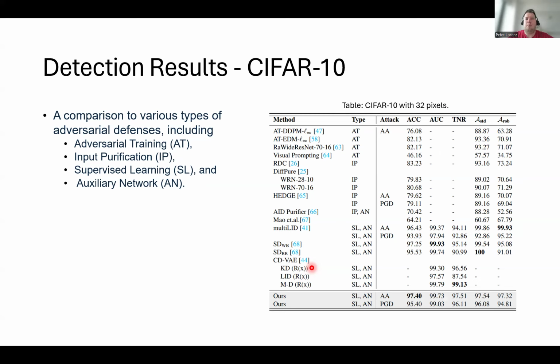Supervised learning methods are usually a proof of concept to grasp the attack pattern, and we can also show that our method, which is supervised, has an accuracy of 95% and higher. But it's just a proof of concept, and auxiliary networks can also be circumvented by attackers.